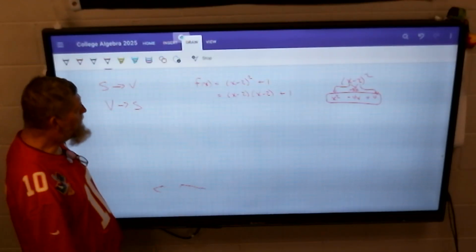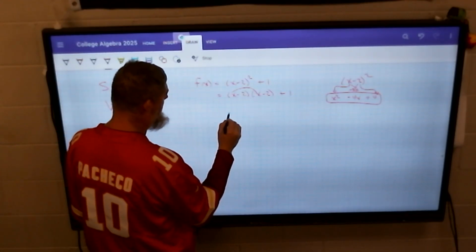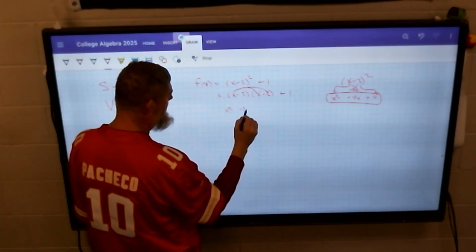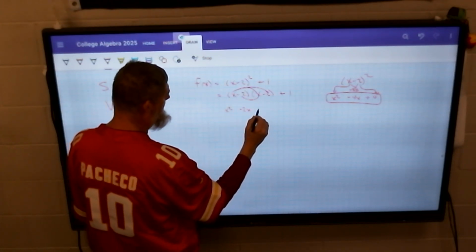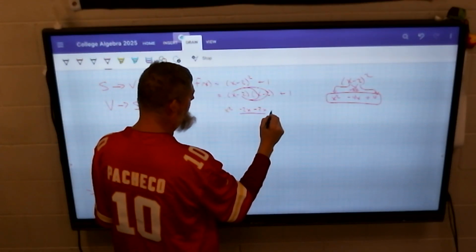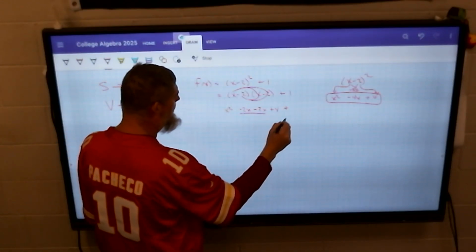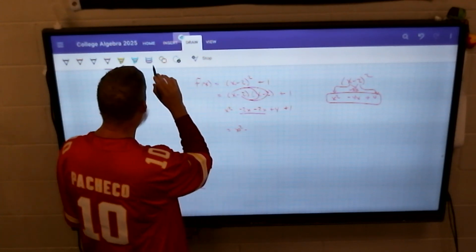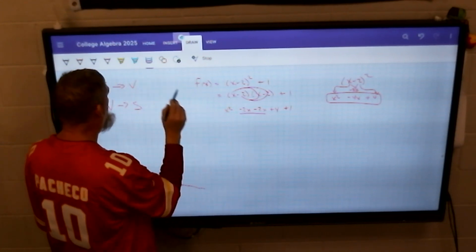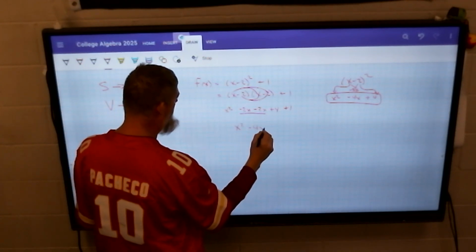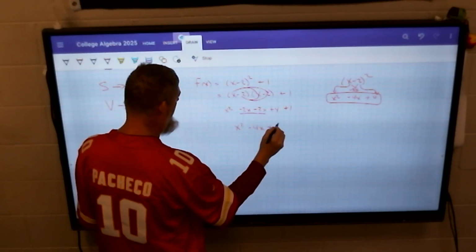If you FOIL it, you're going to get x times x, which is x squared. You're going to get x times negative 2, negative 2x, x times negative 2, there's your negative 4x, and then positive 4 plus 1. So my final answer here would be x squared minus 4x plus 5.